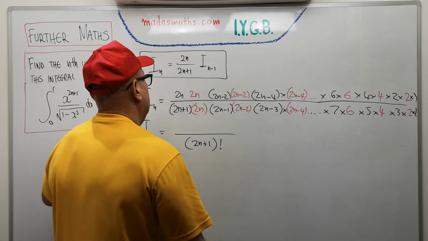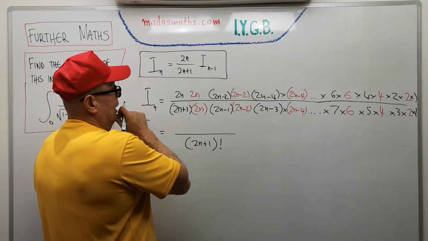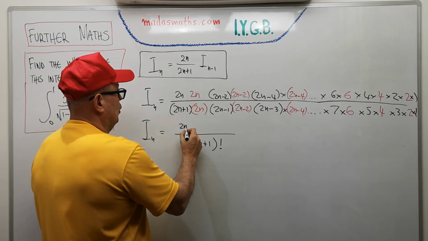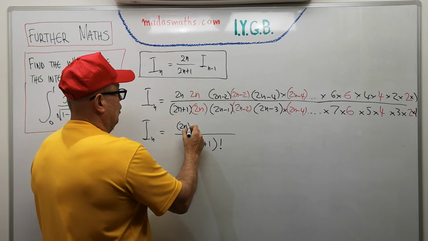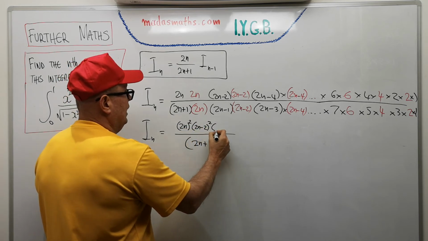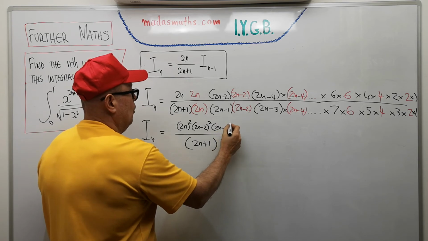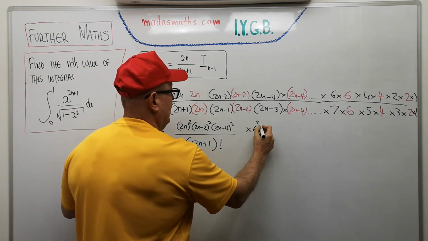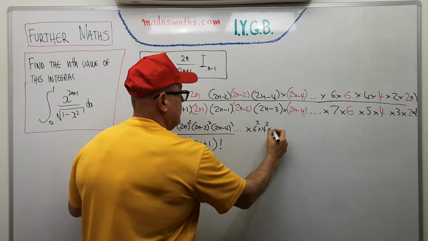Done. What is on the top now? On the top we've got 2n all squared, 2n minus 2 all squared, 2n minus 4 all squared, dot dot dot, times 6 squared, times 4 squared, times 2 squared.